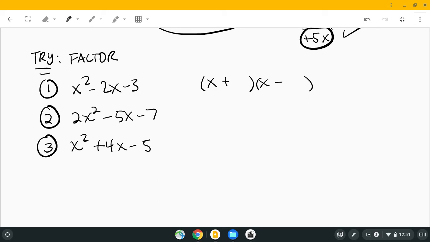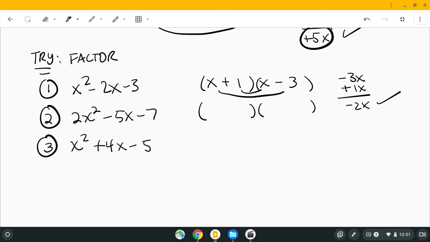If I choose this one, I definitely get the x squared and I definitely get the negative 3, but the question is, do I get negative 2x for the middle? So I'm going to check my outside product, negative 3x, my inside product, positive 1x. Combined, I get negative 2x, and that does check.